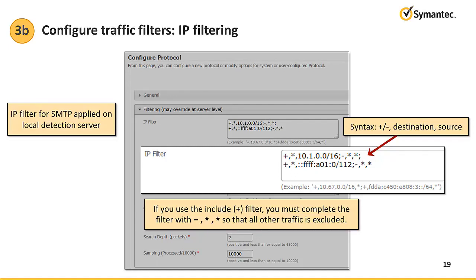The equivalent filter in IPv6 format is shown in the second line. Note that the /16 subnet mask in IPv4 applies to the first 16 bits, leaving the remaining 16 bits for host addresses. This is similar with the IPv6 /112 subnet mask that applies to the first 112 bits, leaving the last 16 bits for host addresses.